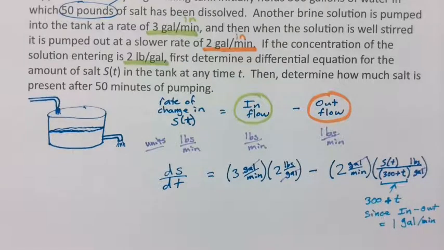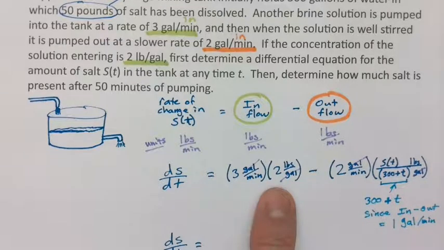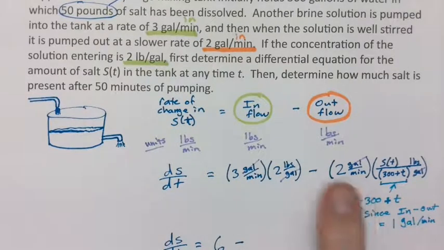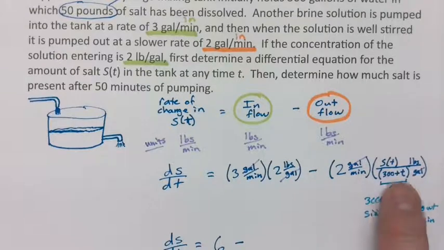So now that we're convinced that the units work out, let's simplify our equation, get rid of all these units, and focus on what we have left, which is 6. There's no variable involved here. It's just 6 minus 2 times S divided by 300 plus t.